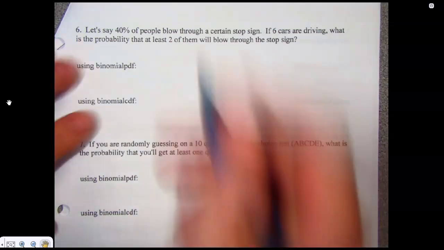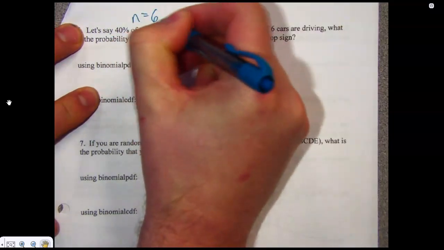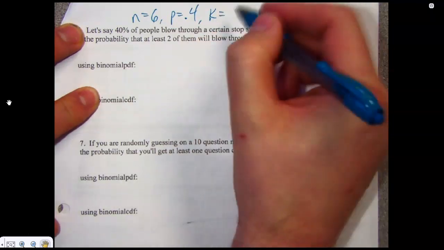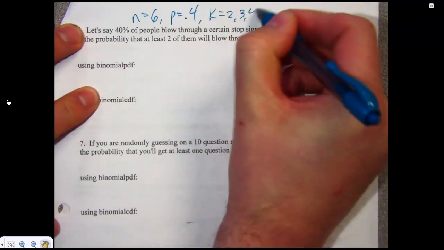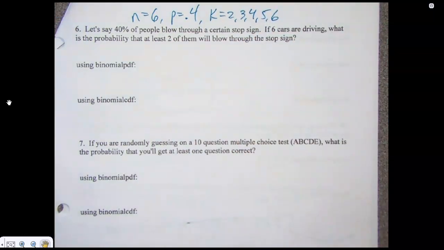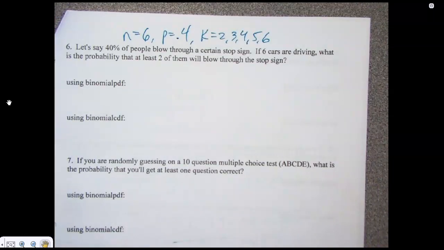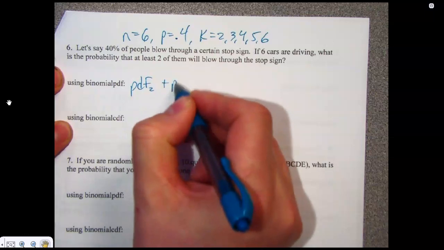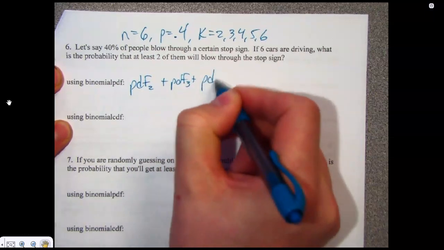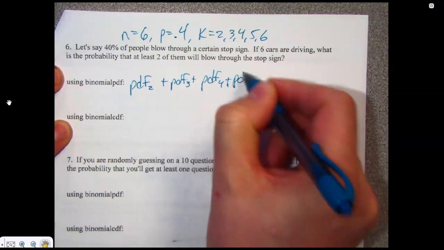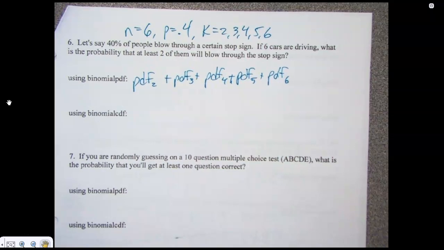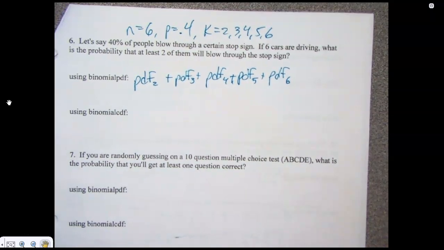We have n equals 6, p equals 0.4, and k equals 2, 3, 4, 5, and 6. With the PDF way, I'd shortcut it as PDF 2 plus PDF 3 plus and so on, but there's no way I'm writing all this out or typing it in. So I would go with the CDF route on this one, but that's up to you.